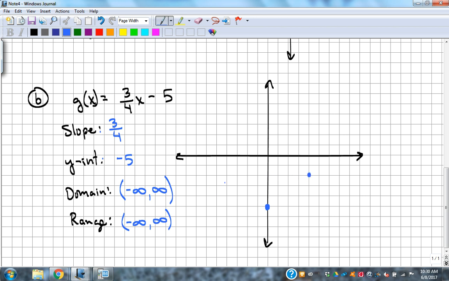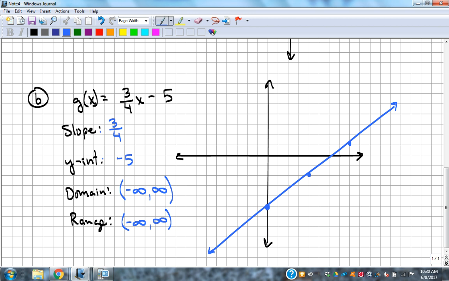Put a dot. Rise 3, run 4. I go up 3 because it's positive, and I go to the right 4 because that's the run. Then I can go up 3, right 4 one more time to get a third dot. So there we have y equals, or g of x is 3/4 x minus 5.